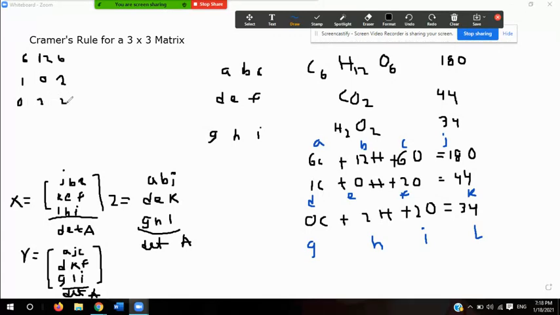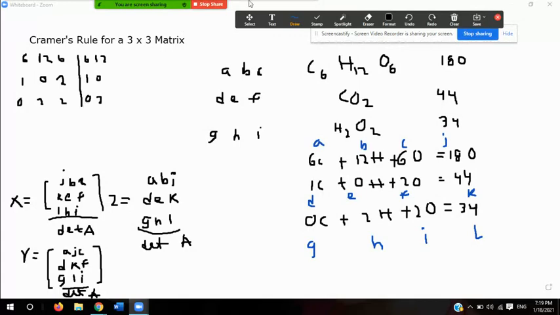And what we do now is write the first 2 columns. So we say 6, 12, 1, 0, and 0, 2. Now we can find the determinant of this matrix. Let's go ahead and do that.